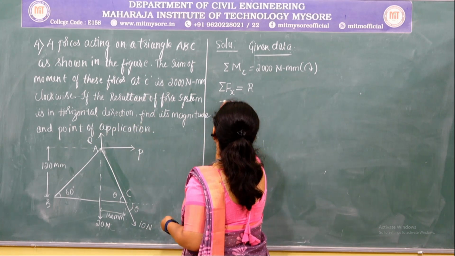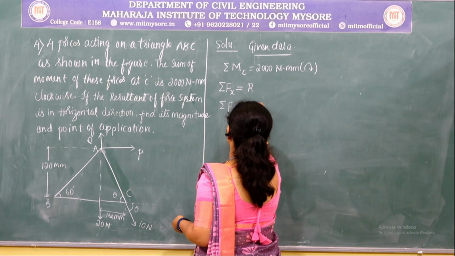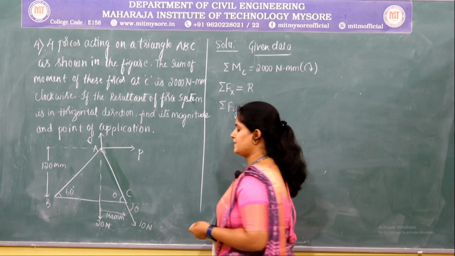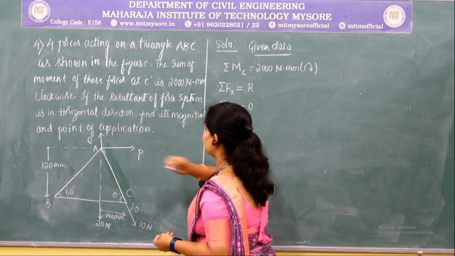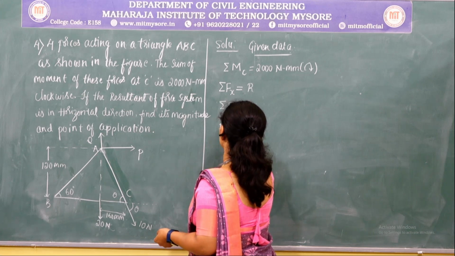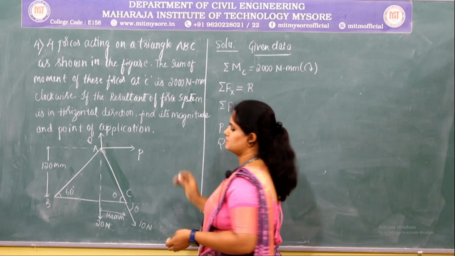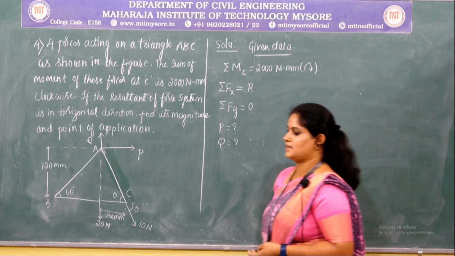So through this we can directly write summation of Fy is equal to 0. Then we need to find out the magnitude of these forces, that is P, Q, and the point of application of this resultant.